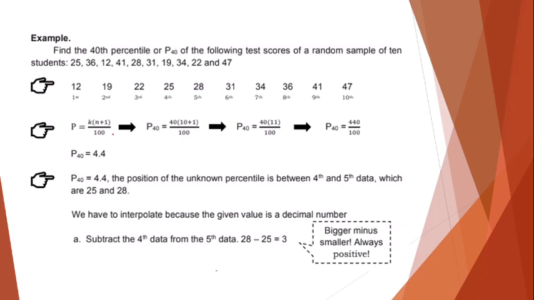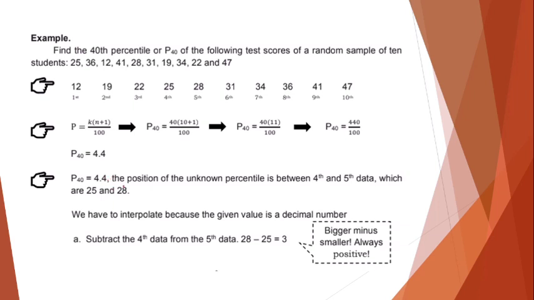Now, try na po natin yung 40, where K is equal to 40. So, 10 plus 1 is 11 times 40, that is 440 divided by 100, and that is 4.4. Tama lang.